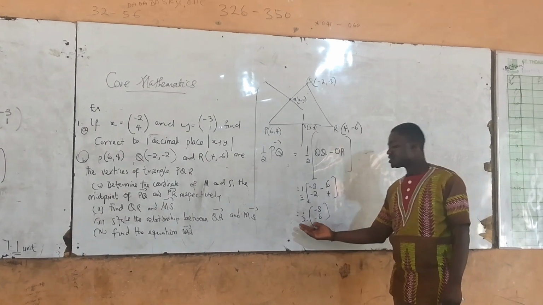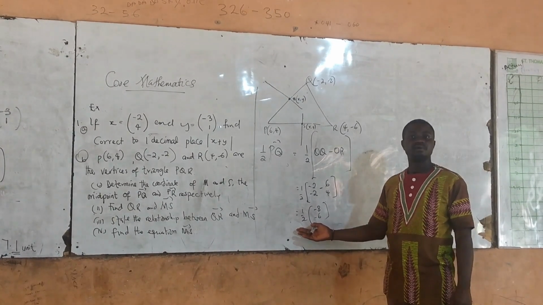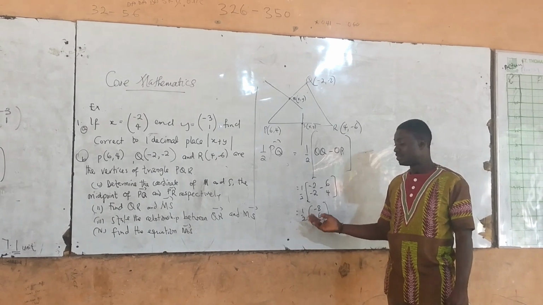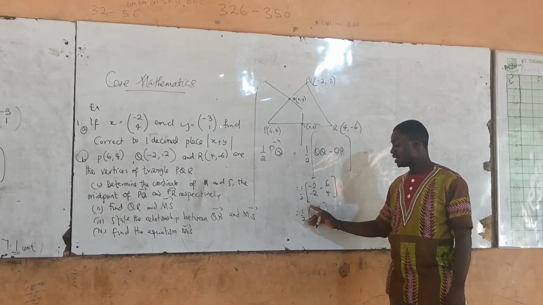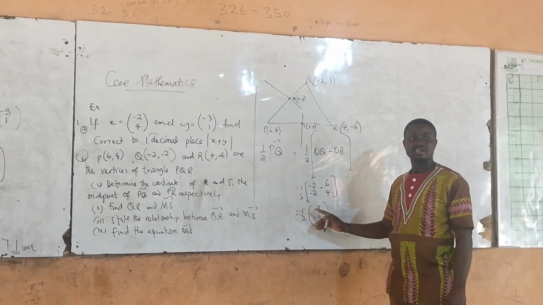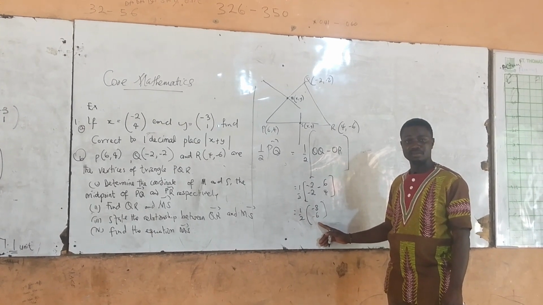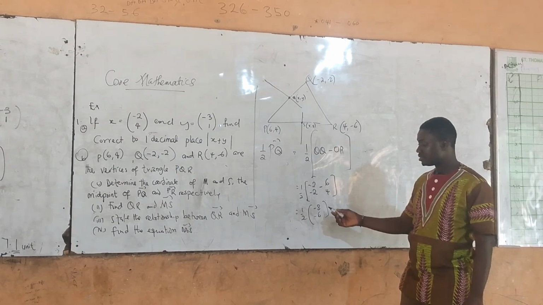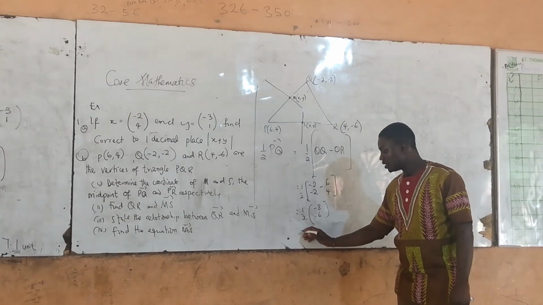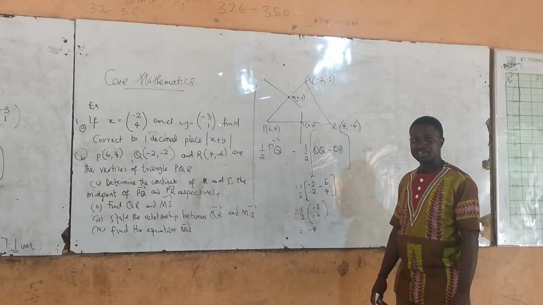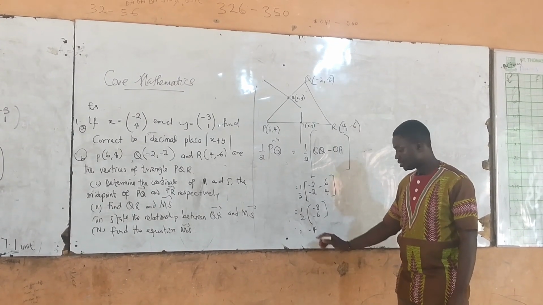Now, this half is called a scalar. So when it is multiplying the vector, it's going to multiply the 8 at the same time multiplying the 6. Are you with me? So half times -8 will give you -4, and half times -6 will give you minus 3.